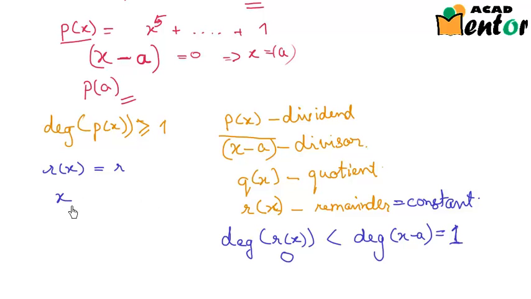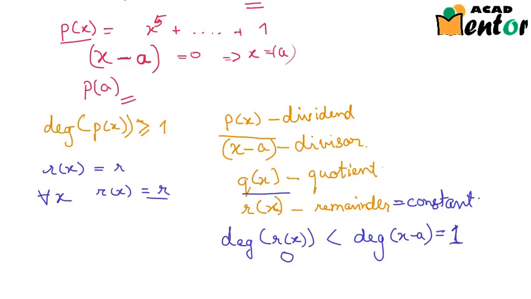So for all x, this symbol means for all, x, the remainder r of x is equal to r. Now when the remainder is r, the quotient is q of x.